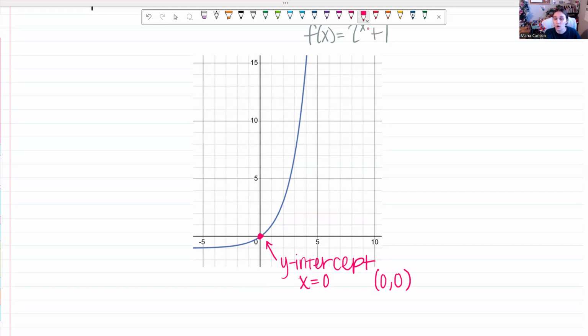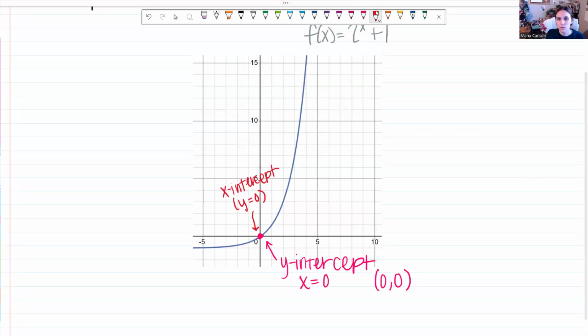Now, our graph also has x-intercepts, which conveniently is the same point in this graph. It's not always the case. This is where the function, or y, equals 0. And it's just coincidence that they are in the same place.